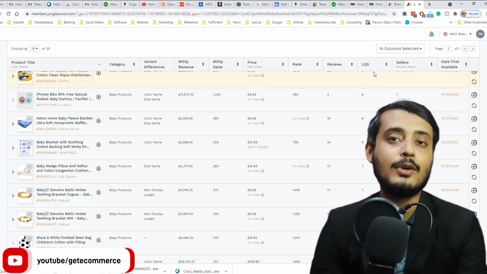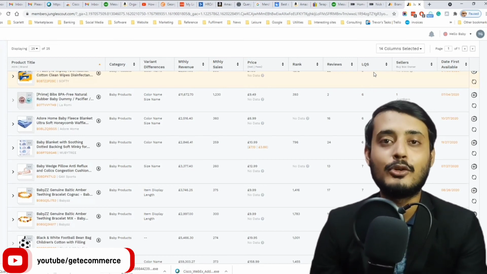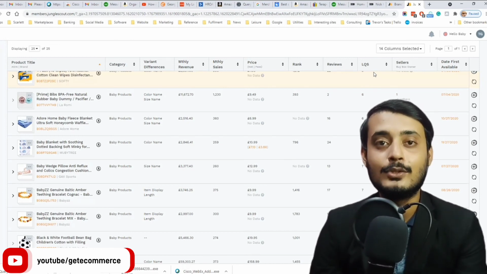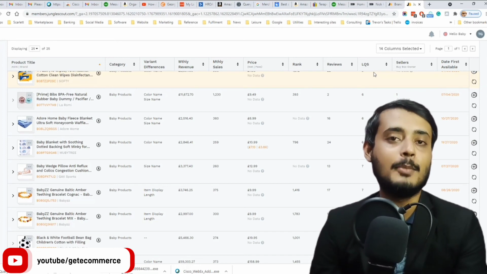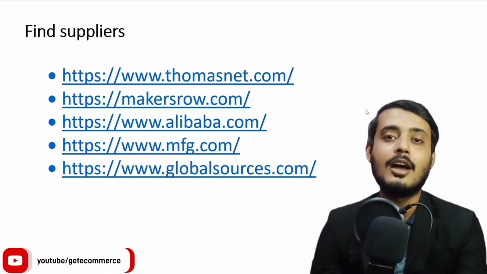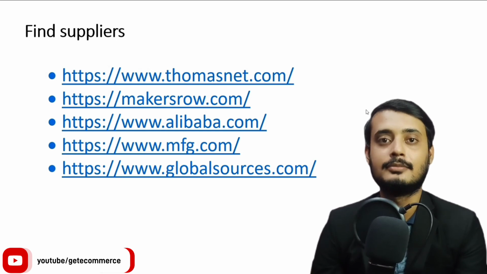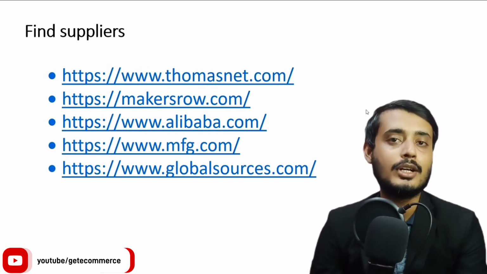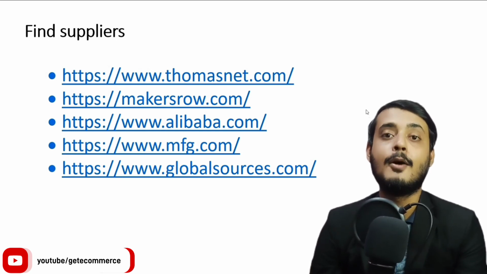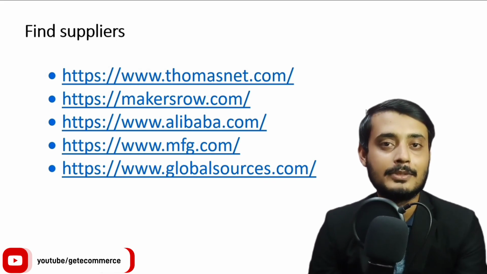If you look at these products, these are popular products with high sales but not that many reviews, and therefore an opportunity to develop a product which is similar to those products and perhaps optimize it better and perform better in the Amazon search. You can also sell the same product on your other channels, for example your Shopify website.